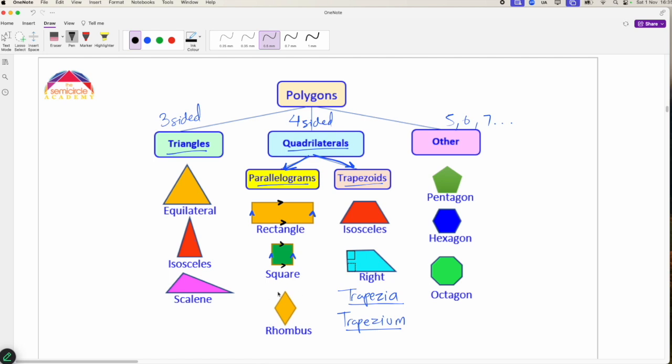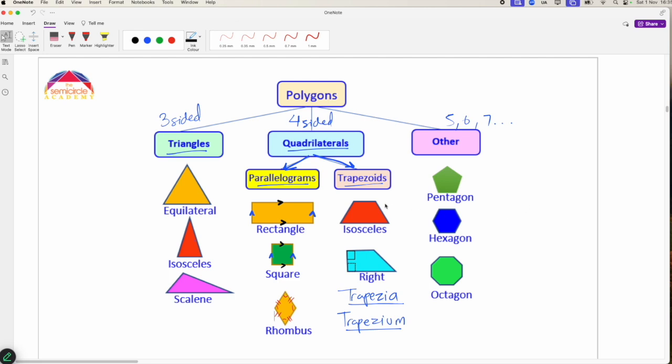And this is a rhombus. As I say, we will learn the details about these things going down the road. But a rhombus is like a square that has equal sides, and the sides are parallel, but the angles are not 90 degrees. So if you take a square and you knock it over a little bit so that the angles are not 90 degrees anymore, you'll get a rhombus, right?